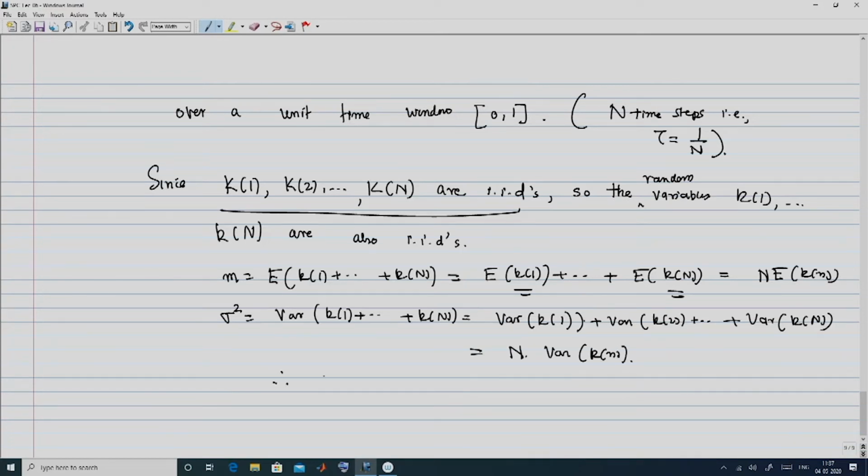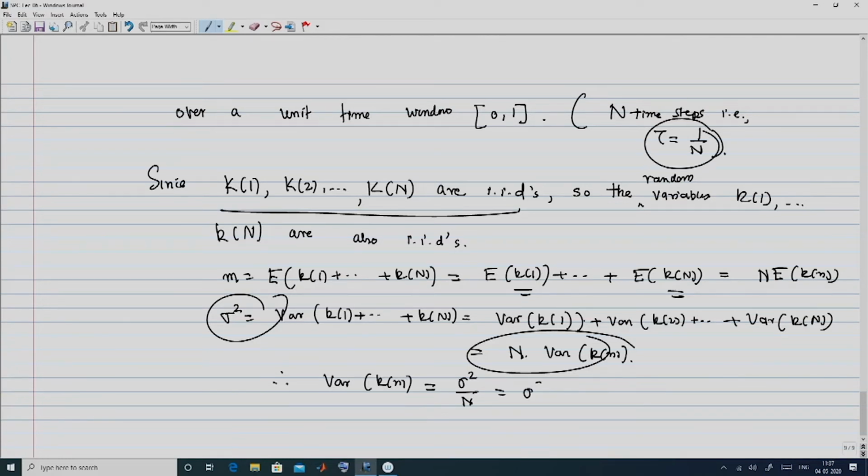Therefore, variance of k of n from this relation becomes equal to sigma square over n, and remember n is 1 over tau. So, this becomes sigma square times tau. Therefore, the standard deviation of k n is the square root of this term, which is sigma into square root of tau. And please remember that these will all hold for each n.